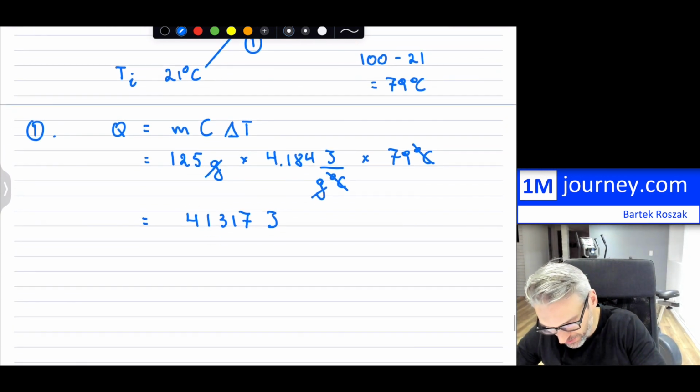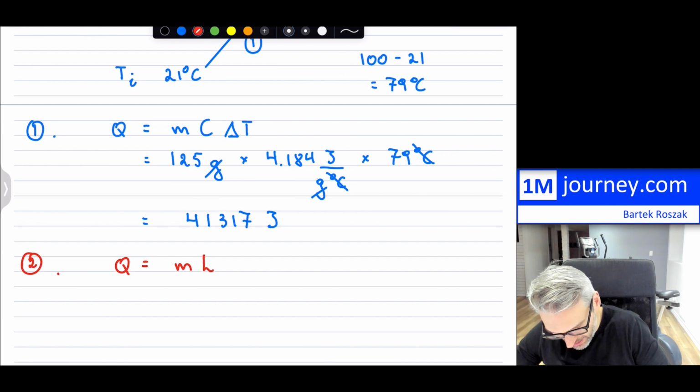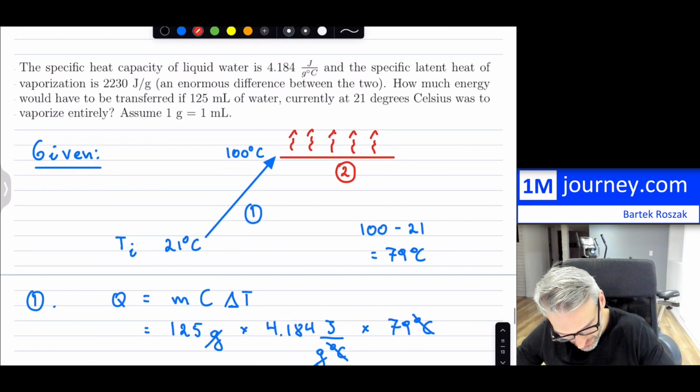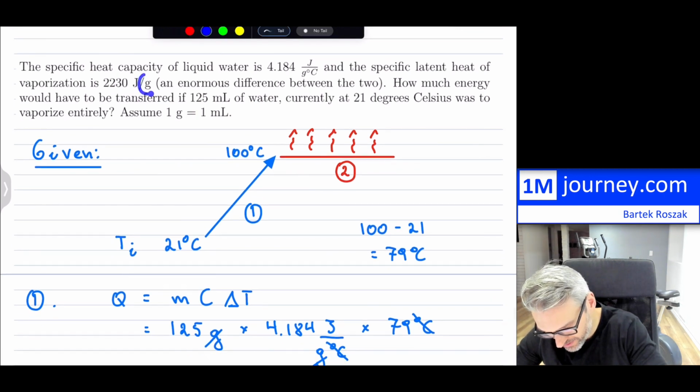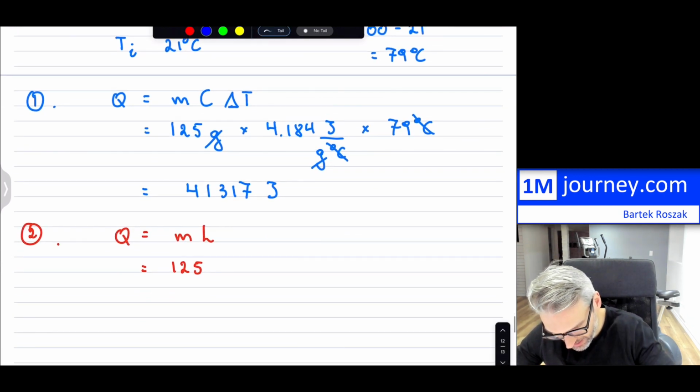Now, for step number two, the heat is related to the mass times the latent heat. So in this case, we're assuming that it's 125 grams. Let's take a look. They give it to us still per gram, so that's fine. I'll just leave it as it is.